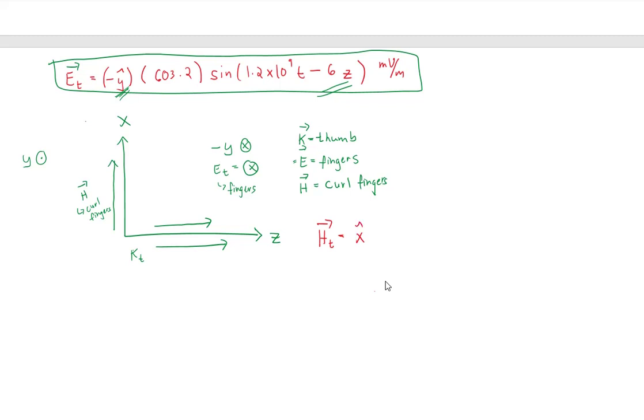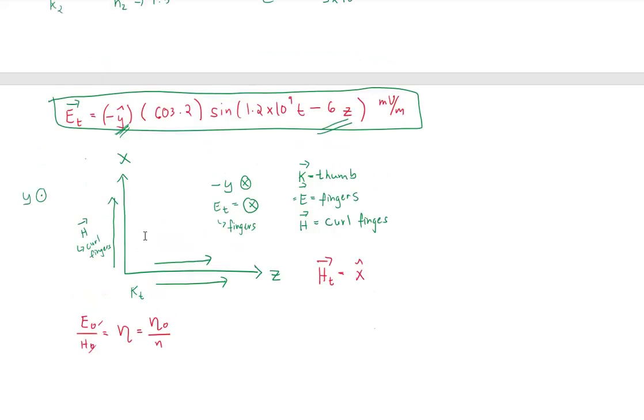Now how about the magnitude? Remember this E naught over H naught is equal to eta, which is eta naught over n. We have E naught, we're looking for H naught. And H naught is just going to be E naught over n, or eta.